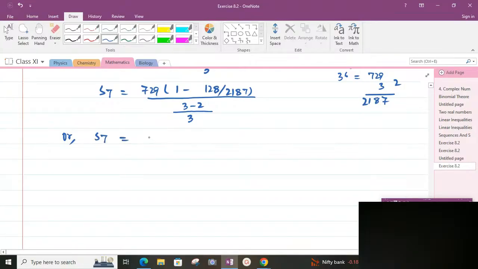S7 equal to 729, and this 3 we write down here 3, and 3 minus 2 equal to 1, and here will be LCM 2187, and 2187 minus 128.